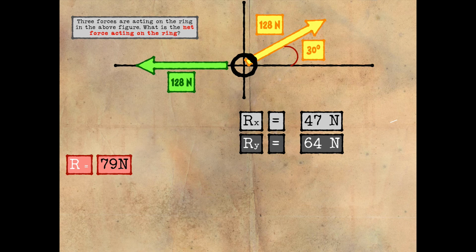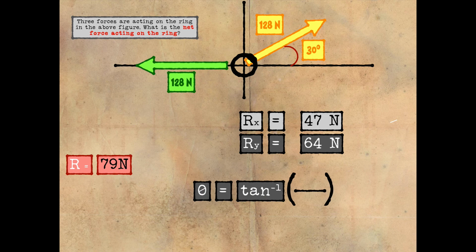I'm going to find the theta, the angle at which this force is going. And I think it's important because it helps give us a better idea of what's actually happening here. So it takes the concept a step further, hopefully helping us to understand what exactly is going on.